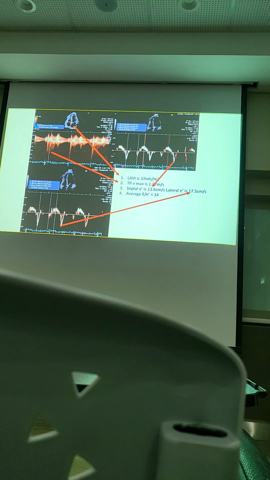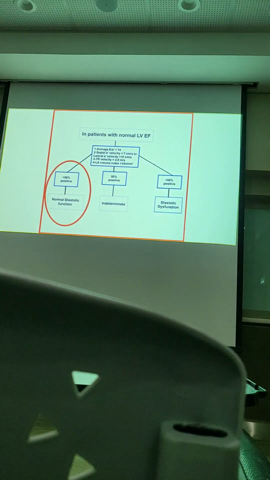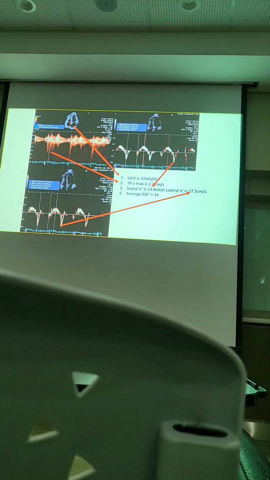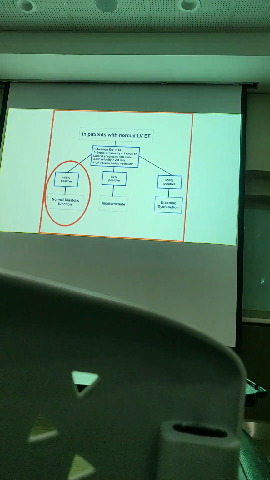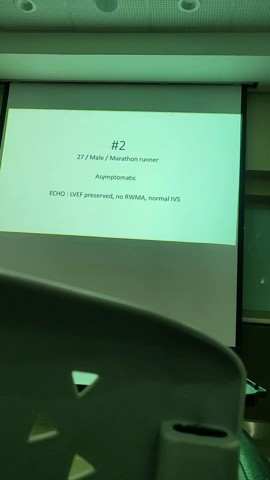Okay, LAVI. Alright. So kalau LAVI tak ada yang tak normal, so LV diastolic dysfunction or not? No. Okay lah, to practice lah. Alright. Okay, sebab dia normal, so we use the first algorithm. Only one positive, so normal diastolic function.